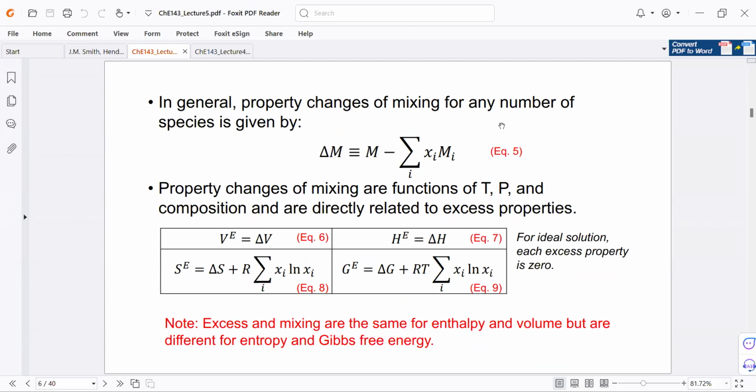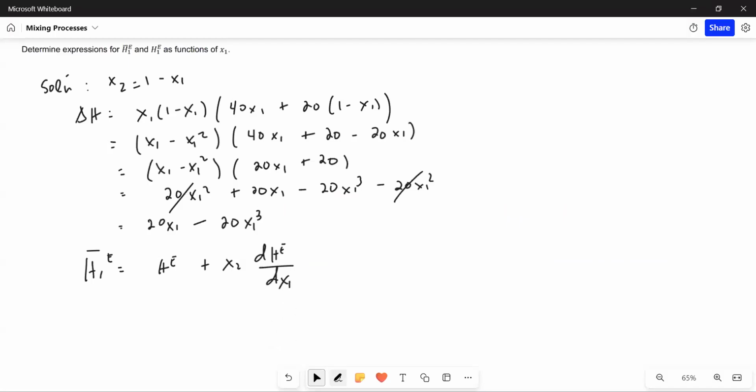So let's go back to the whiteboard. Here we equate that to HE. So we need an expression for dHE over dx1. We derive this with respect to x1, so that's simply 20 minus 60 x1 squared.